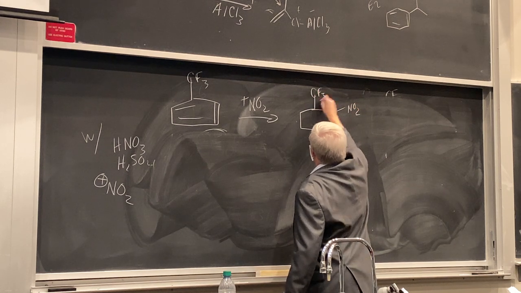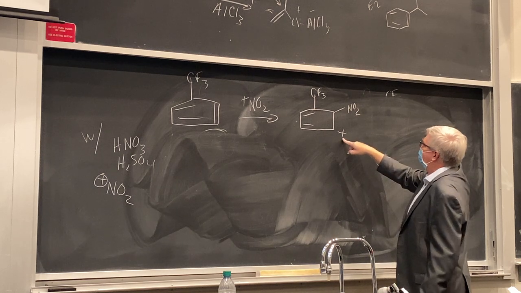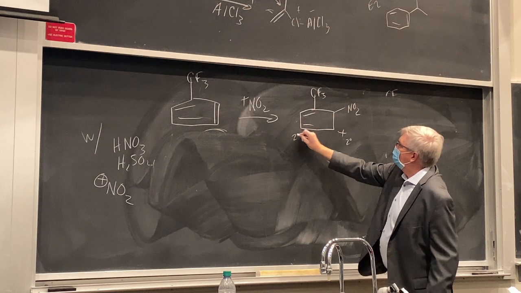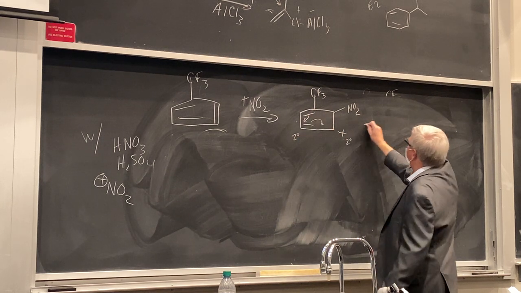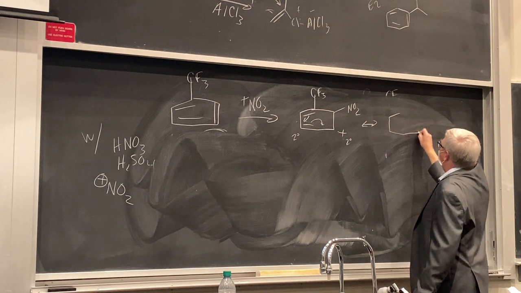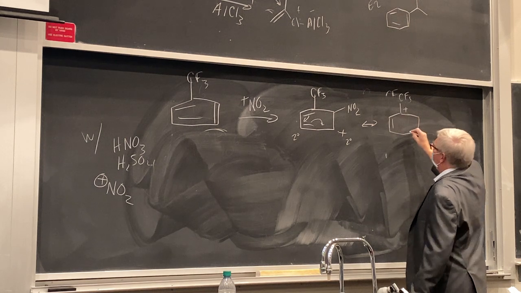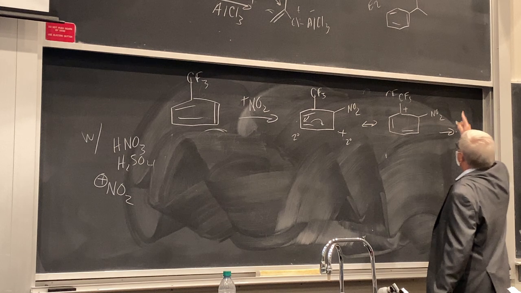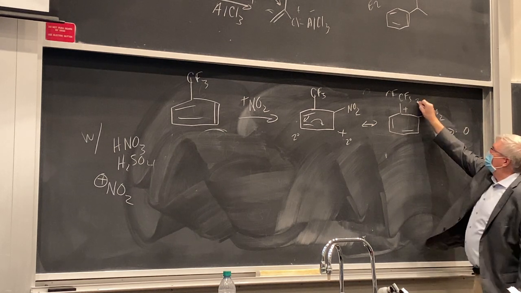But again, it's trifluoro now. So we'll have secondary here, and secondary here. And let's just jump ahead to this one, and we'll have tertiary. Remember, we said that's good in this case, at least with the toluene, leading to the ortho product. So tertiary there.